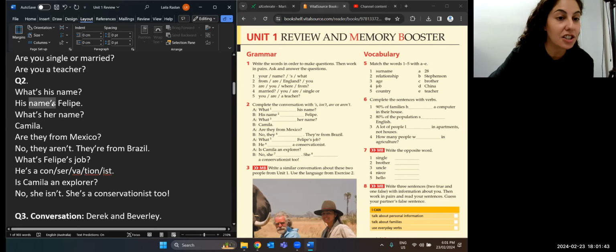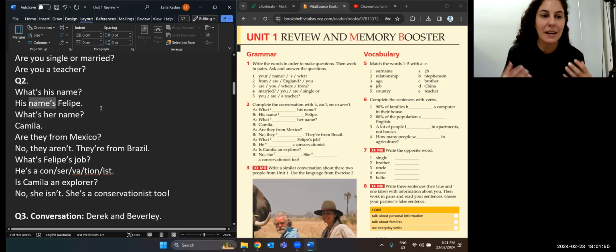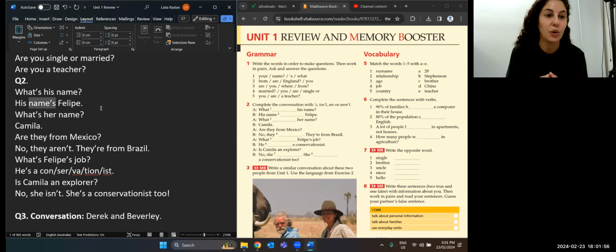So remember, this is a contraction. It's his name is Philippe. So we must push that S so that people can hear that it's a contraction, that we connected two words together. We connected the noun name, and we connected the verb is. What's his name? His name's Philippe or Felipe.